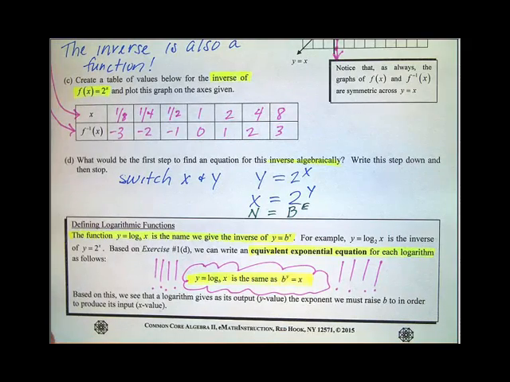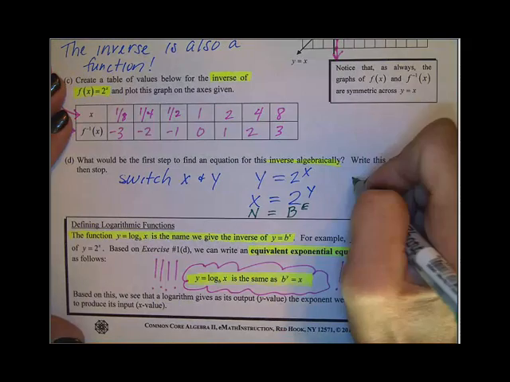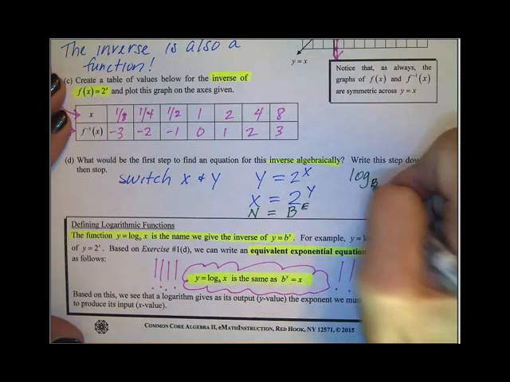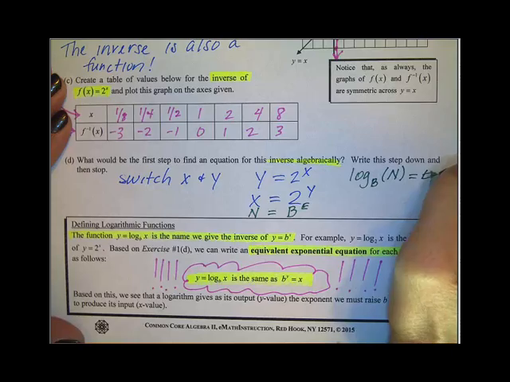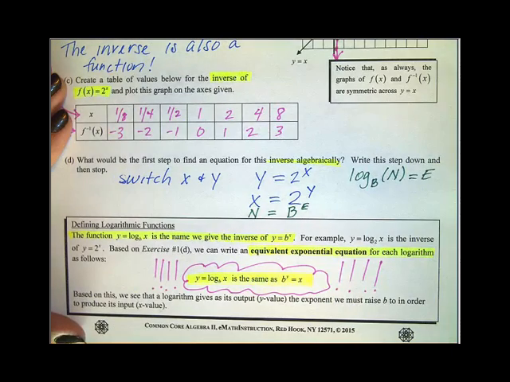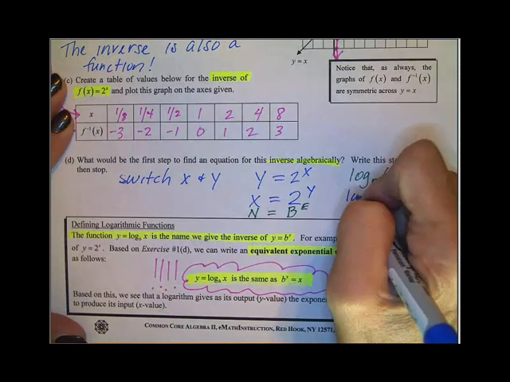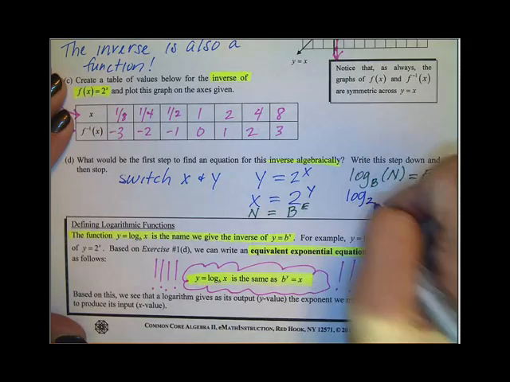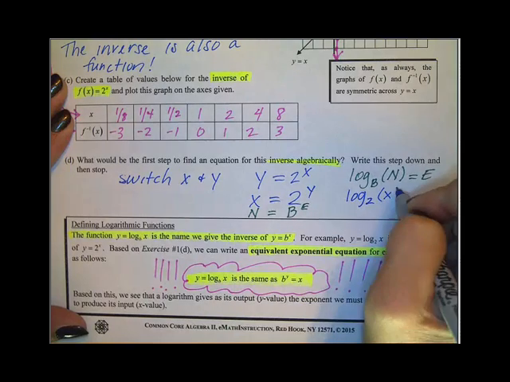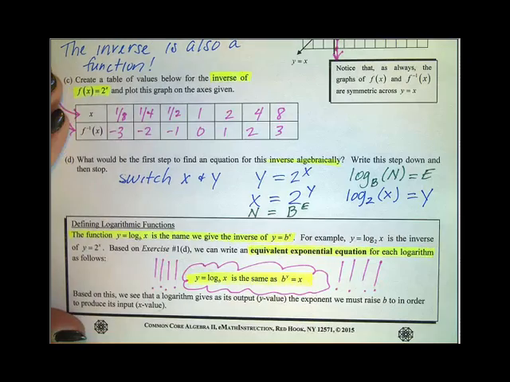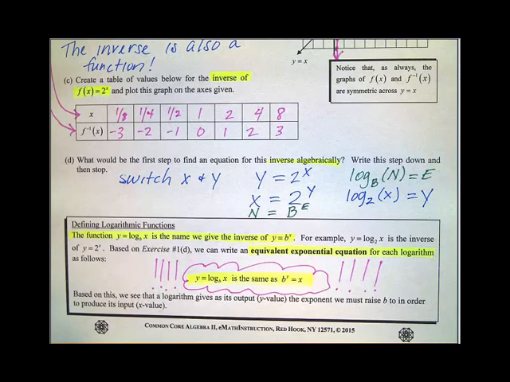So to write BEN in log form, we have log base b of n equals e. So this equation, like they said, would be log, my base is 2 because it has the exponent attached, my number is x, and it equals y. So that's how they got the answer.